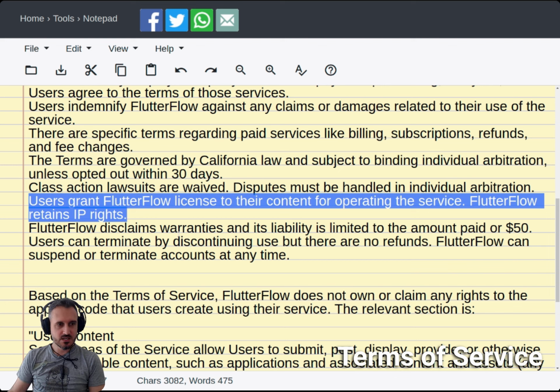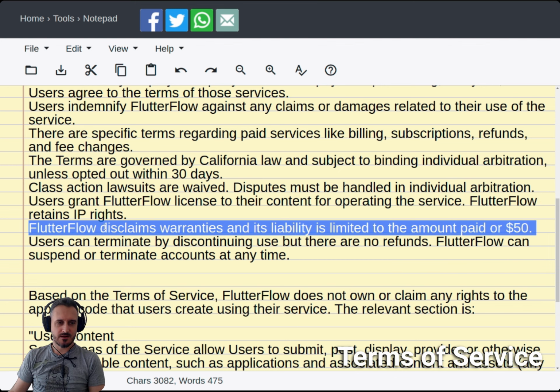So Flow can gain access to or gain information about this service that you're providing. And then we have that Flow disclaims warranties and its liability is limited to the amount paid or $50.